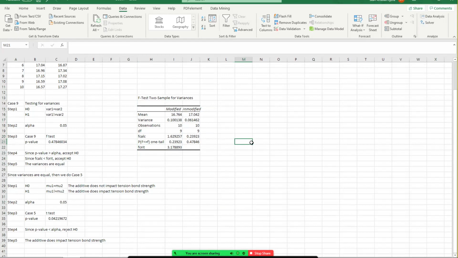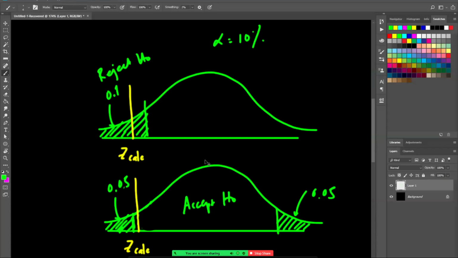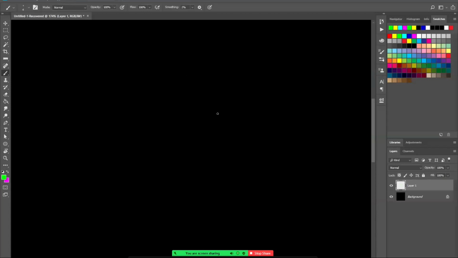But the basics of it is that the F-test is what we call a goodness of fit type of test. If you imagine it, I'll show you the gist of why the F-test is a one-tailed test. So when we do an F-test, it looks like this. This is two-tailed.